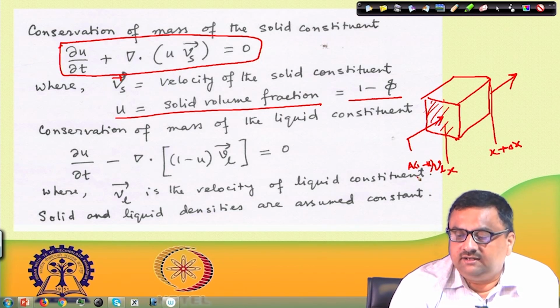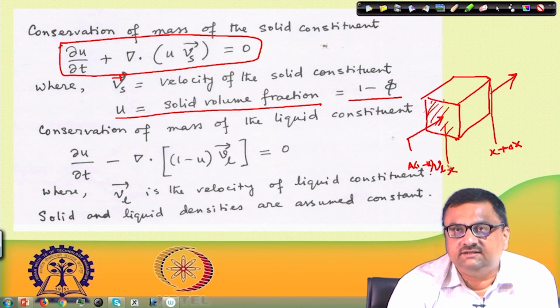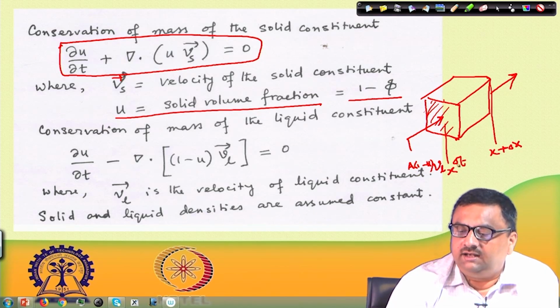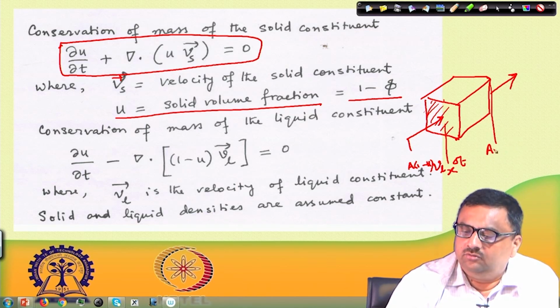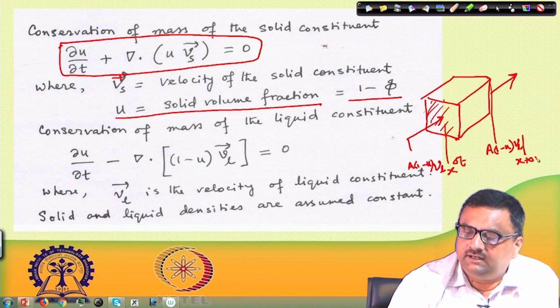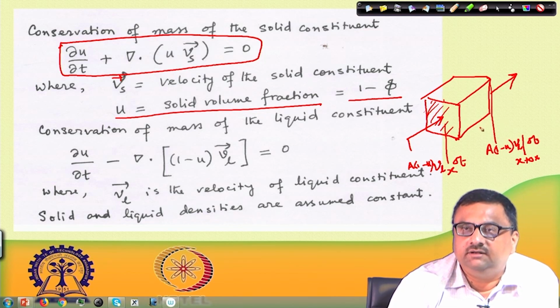That available cross-sectional area multiplied by the velocity gives the volumetric flow rate over duration delta t. The same thing happens here, A into 1 minus U into V L at x plus delta x into delta t, which is the volume of liquid that has come out from the other side.